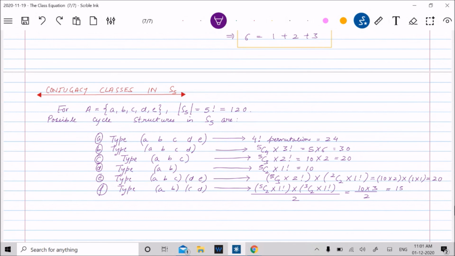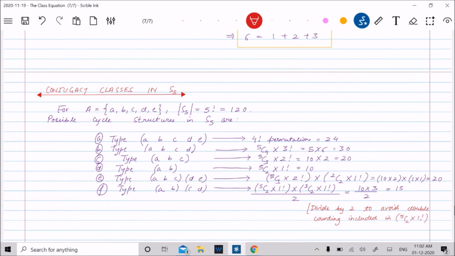So I will write that here. Divide by 2 to avoid double counting included in 5C2 into 1 factorial, right?